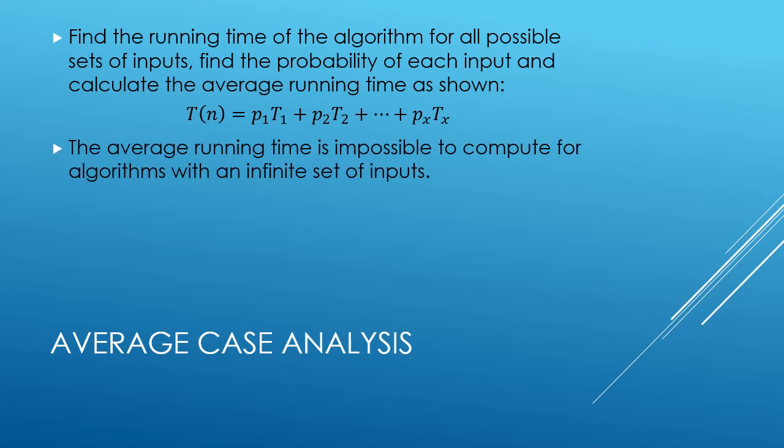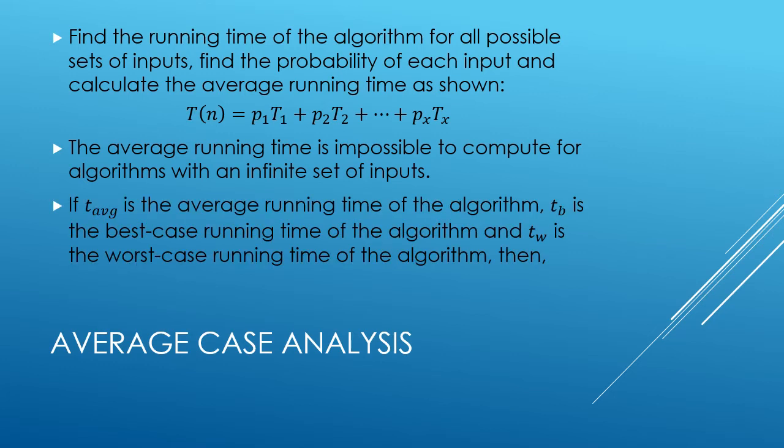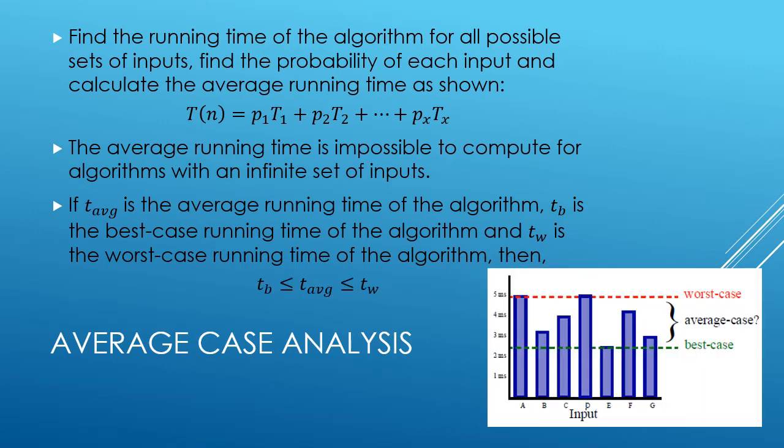The average running time is impossible to compute for algorithms with an infinite set of inputs. If Tavg is the average running time of the algorithm, Tb is the best case running time, and Tw is the worst case running time, then Tb is always less than or equal to Tavg, which is less than or equal to Tw.